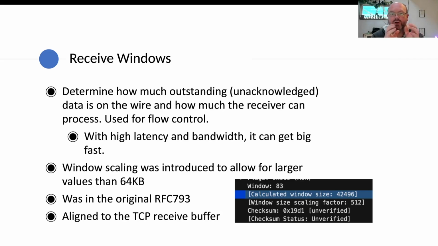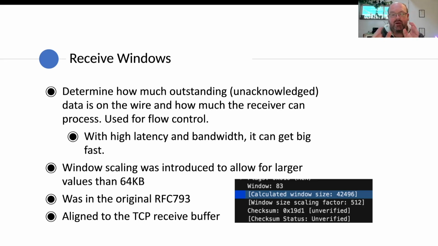So when you're configuring a socket, or you can use the system default as well, when you create a socket to transmit or receive data, you can specify how big the receive buffer is and how big the send buffer is, and that will then influence the maximum available size for that window size. So I tend to correlate the two as being very much related and dependent on each other.